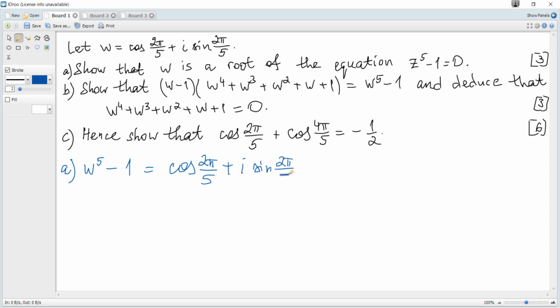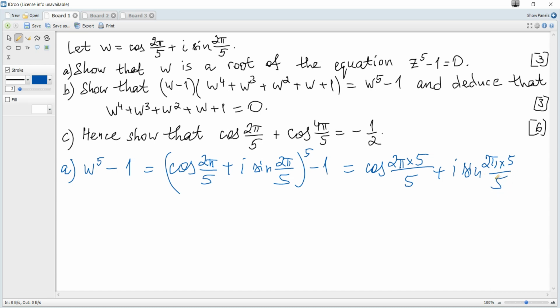2 pi over 5 to the power of 5, minus 1. To raise a complex number to a power, we use de Moivre's theorem, and it says that it becomes cosine of 2 pi times 5 over 5 plus i sine of 2 pi times 5 over 5.